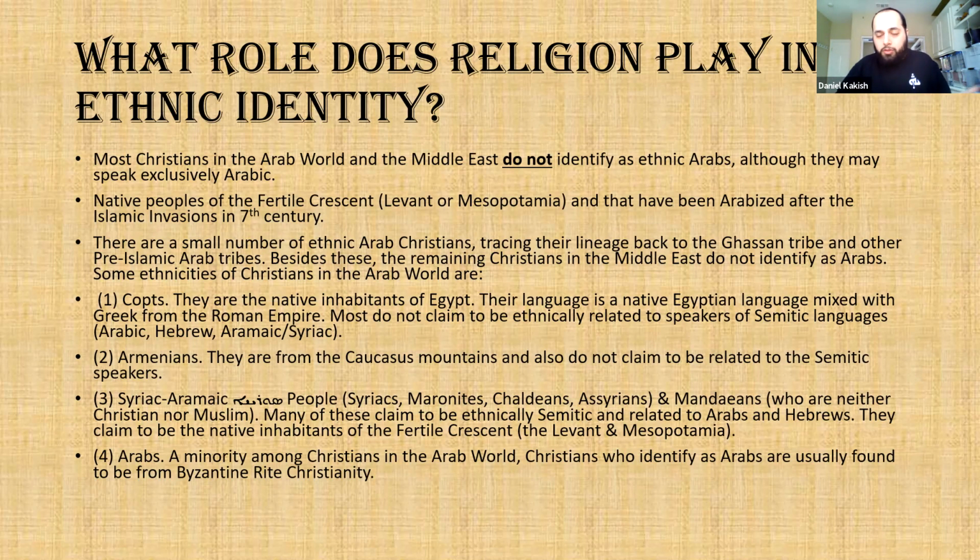Because as we know, Christianity is older than Islam in the Middle East, having been there for 2,000 years. So most Christians in the Arab world, the majority of them, do not identify as ethnic Arabs, even if they speak exclusively Arabic. Most of them do. Some of them speak other languages.